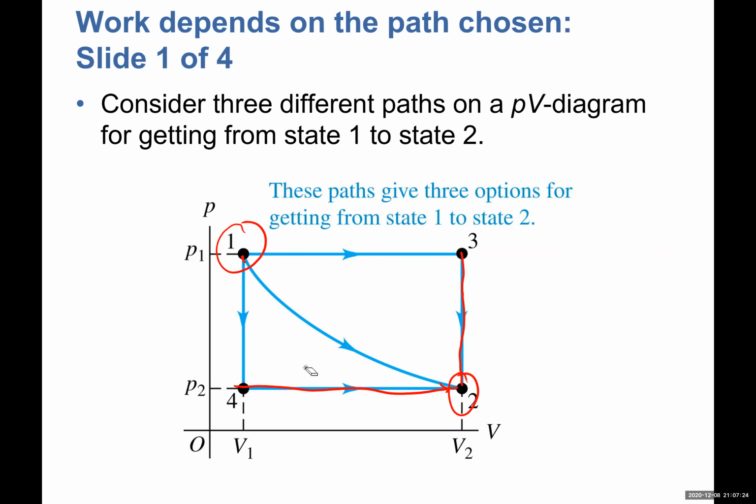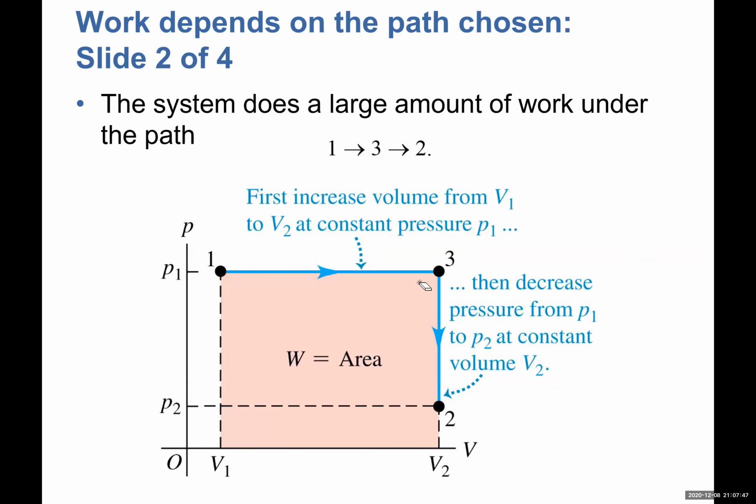Now, the question is, are they all the same? Is the work done the same for all of those paths? Well, as you can see from the title of this slide, the work does depend on the path chosen. That means every single path gives me a different amount of work done. Okay, so let's look at, let's say, going 1, 3, and 2.